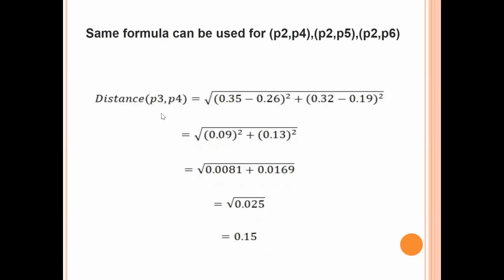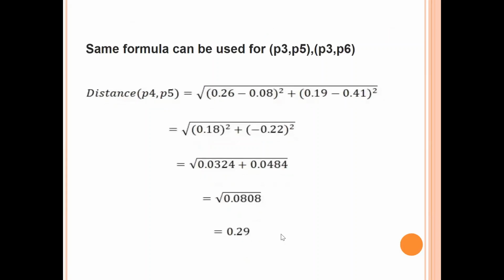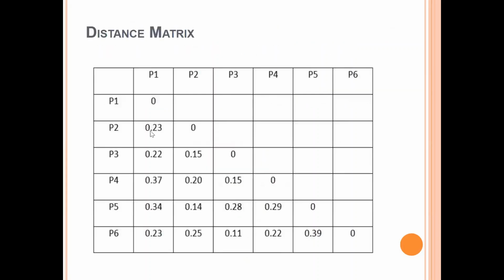Now we are finding out the distance from P3 to P4. That's how we will keep finding all these distances until we get this distance matrix. Okay, let me show you that matrix once again.